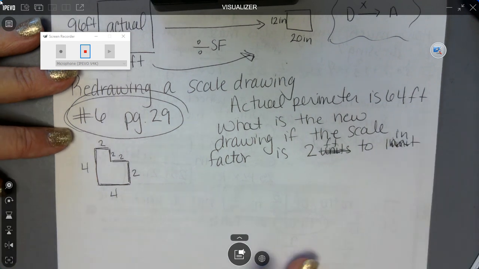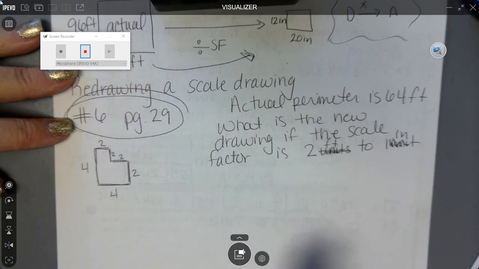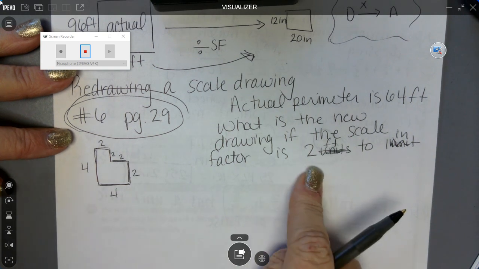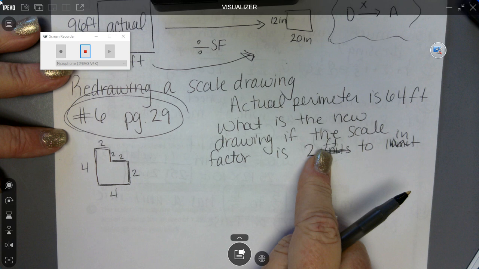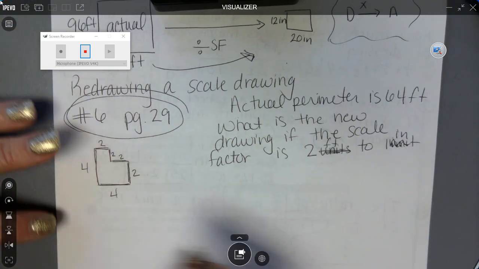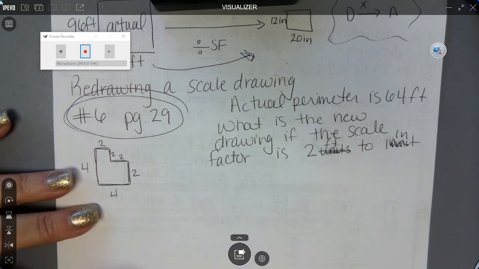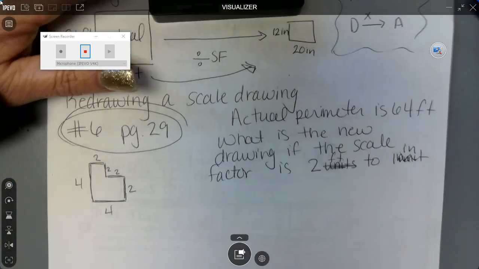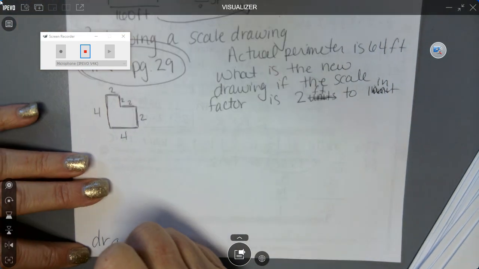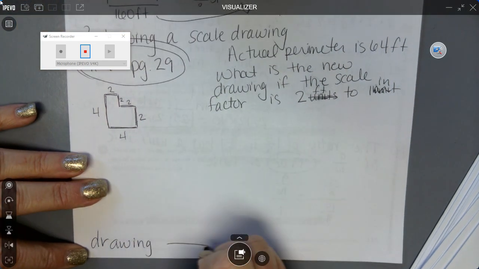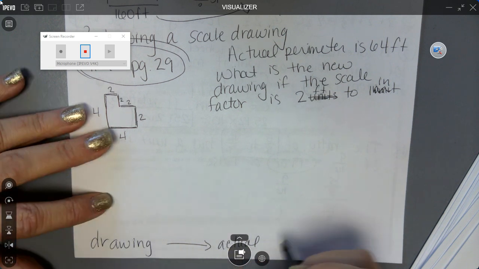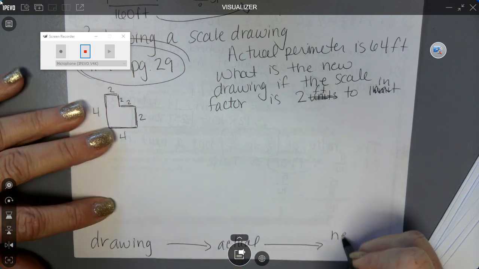I want to draw a new scale drawing of this that has a scale factor of 2 feet to 1 inch. So the very first thing, we are going from our drawing to our actual size of the building, to our new drawing.